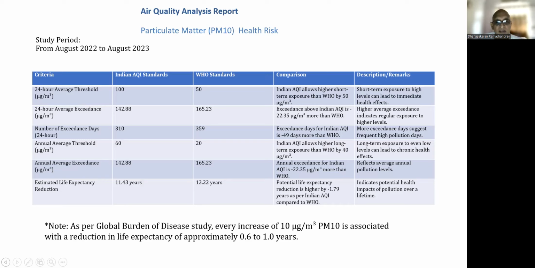As per the Global Burden of Disease study, every increase of 10 microgram per meter cube corresponds to a reduction in life expectancy of approximately 0.6 to 1 year. This table has been produced accordingly.